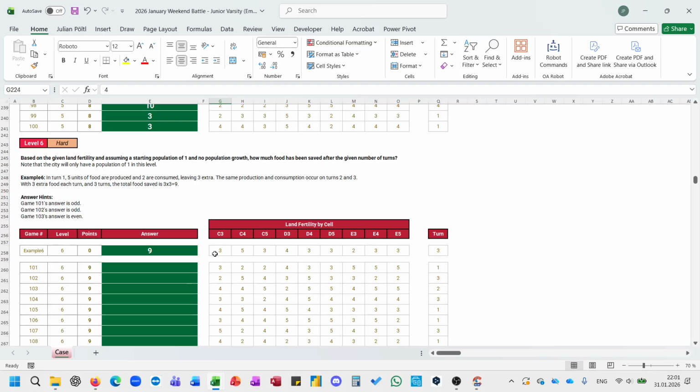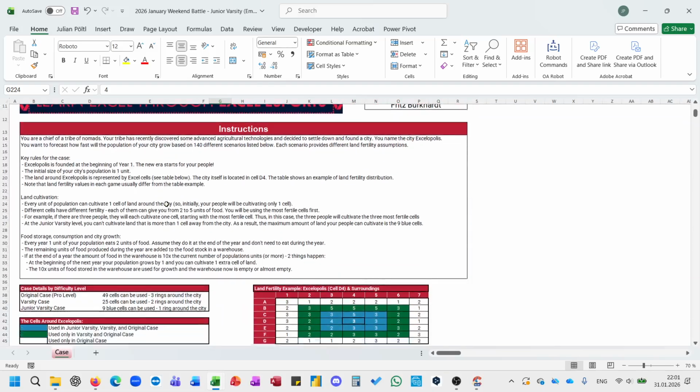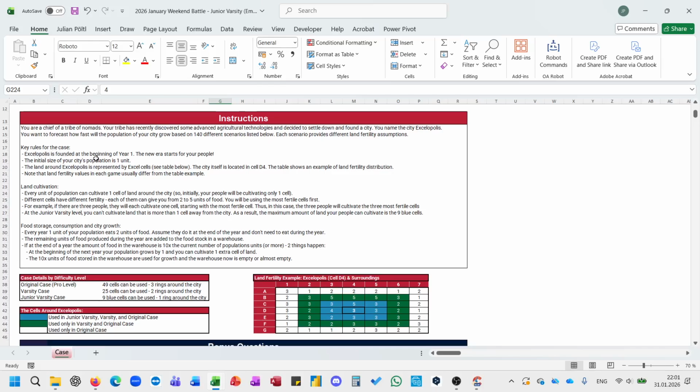Okay, based on given land fertility and assuming a starting population of 1 and no population growth. Why are there 5 units of food produced? I think I should go to the rules. Excel cell D4.